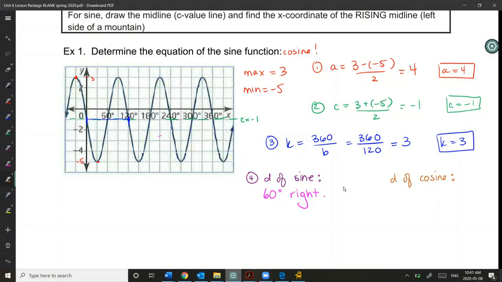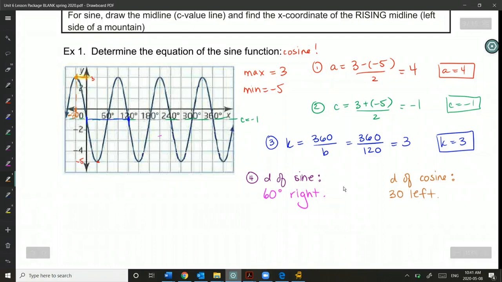Again, it doesn't necessarily have to be the nearest one, but I'm seeing that there's one that's pretty close here, and if these are going every 2 is 60, that means that this must be negative 30 here. So I'm looking for this space in between the maximum and the y-axis right there. So I can say 30 left for this one.